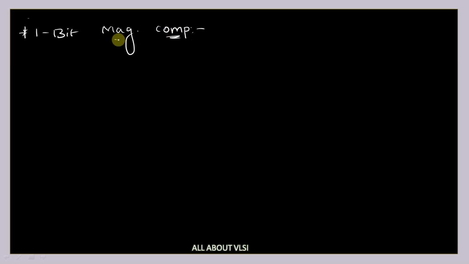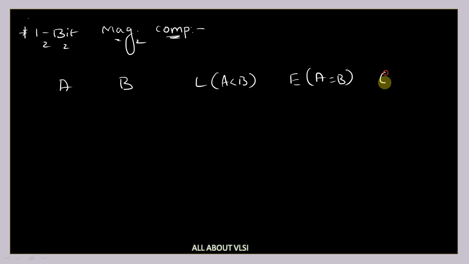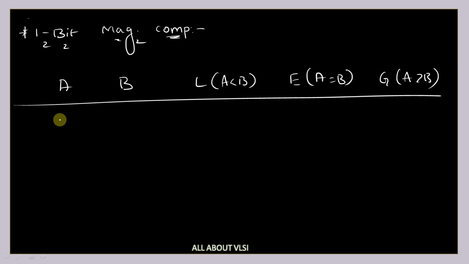How to design your simple 1-bit magnitude comparator? You can just take the truth table: A, B, and A less than B, which I am calling L, A equal to B, which is E, and A greater than B, which is G. These are my inputs 0 0, 0 1, 1 0, 1 1.